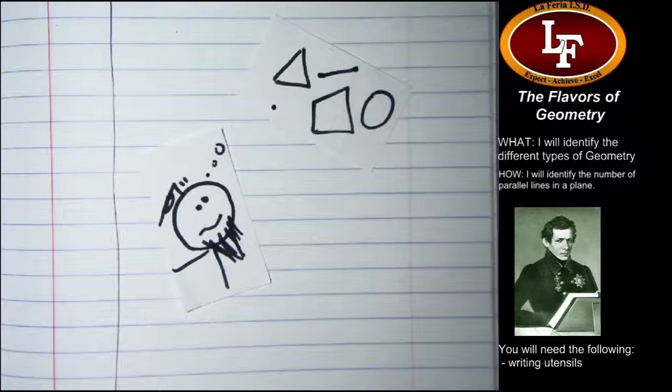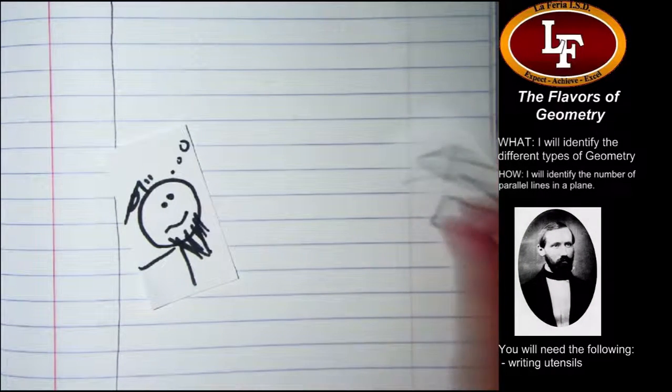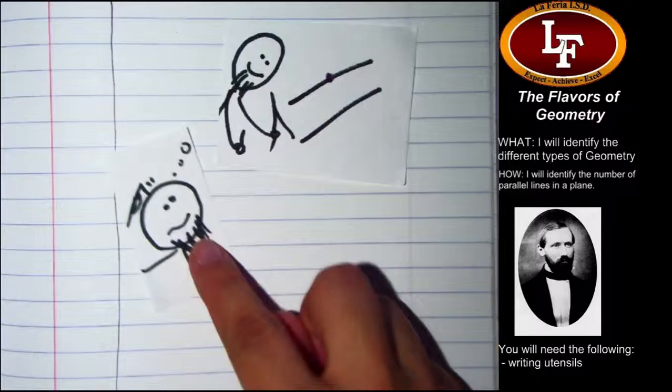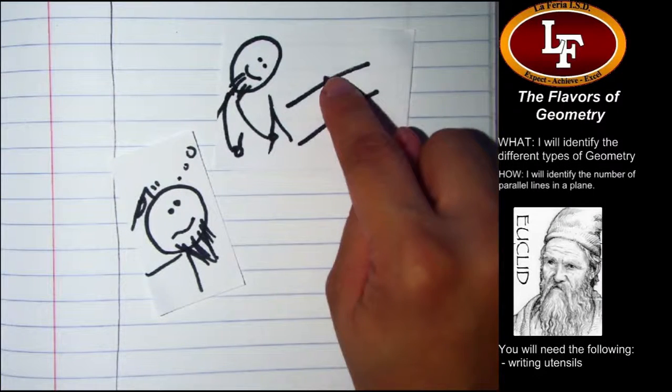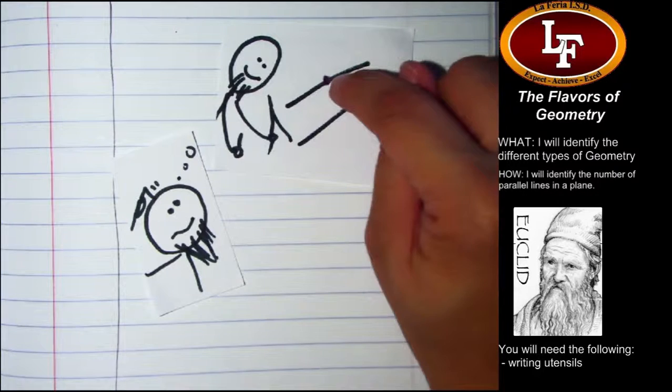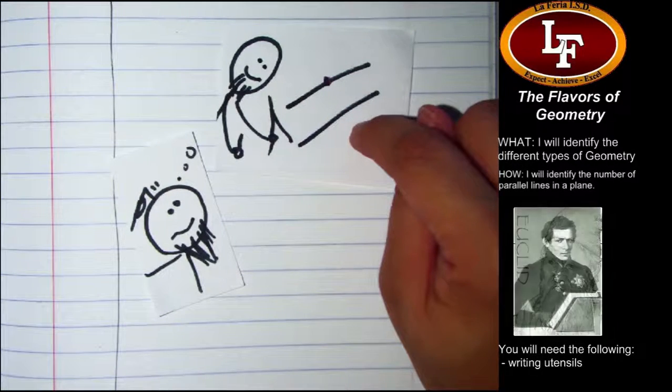One of the things that he said was a postulate, that thing that you just have to take for granted and don't question him on. It said this: if you have a line, and you have some point that's not on the line, how many lines can you draw through that point that will never touch the first line that you drew? Parallel.